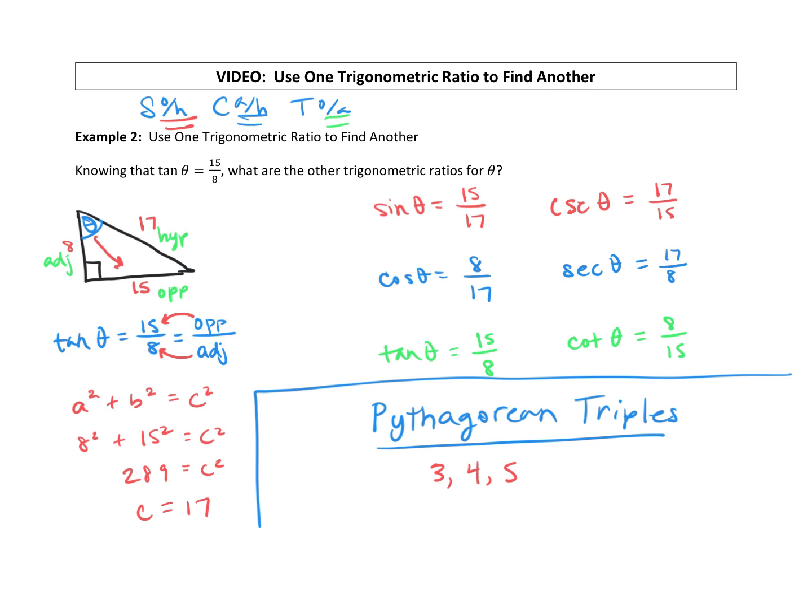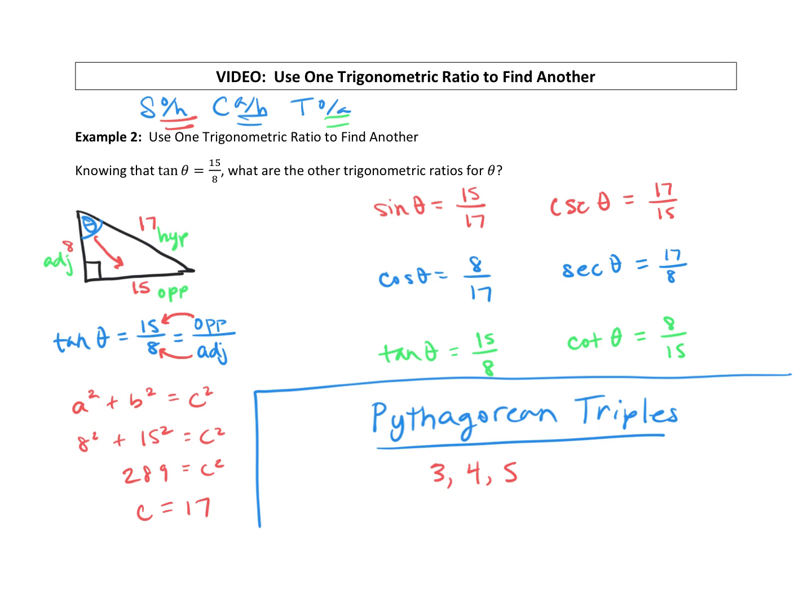Where this is helpful is, let's say the tangent of theta was 3 over 4. If we knew our two side lengths were 3 and 4, we wouldn't even have to do the Pythagorean theorem if we just knew that it was part of a triple, that 5 had to be the hypotenuse. So I just wanted you to have in your notes some Pythagorean triples, so maybe we don't have to do this work every time if we recognize when a triple shows up.